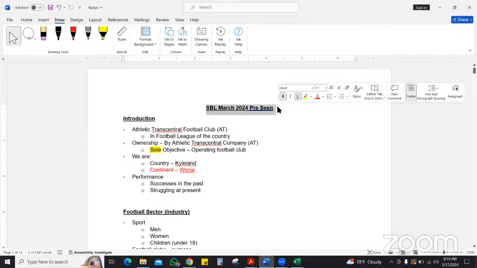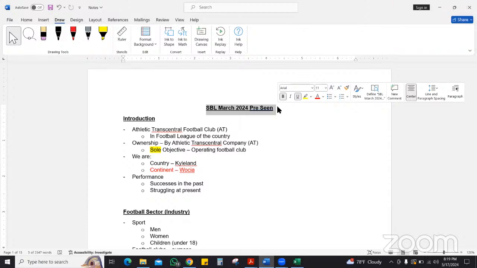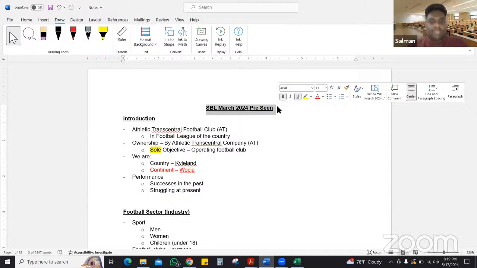I have a very bad memory, so I might know particular data but not remember the numbers. At that point you can easily check the pre-seen and get the numbers. So don't plan to read the pre-seen during exams. Be familiar with the pre-seen before the exam, but it will be given in the exam, and you can just refer to the numbers when needed.